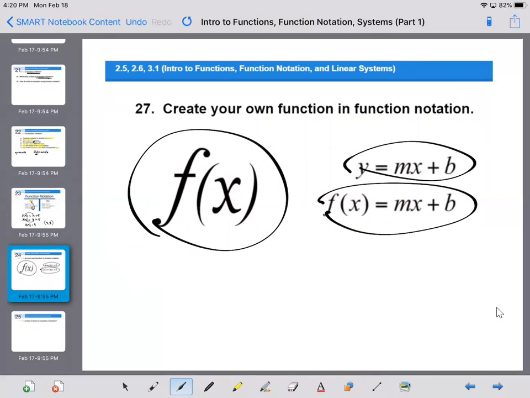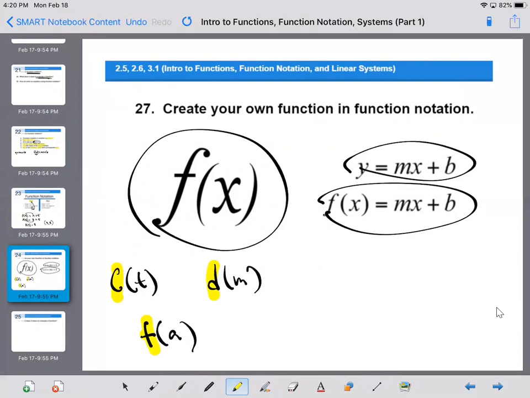Now we can use different function notations. We can call it c of t. We could call it d of m. We could call it f of a. Lots of different ways. But the function is the first letter. We could call the c cost. We could call the d distance.